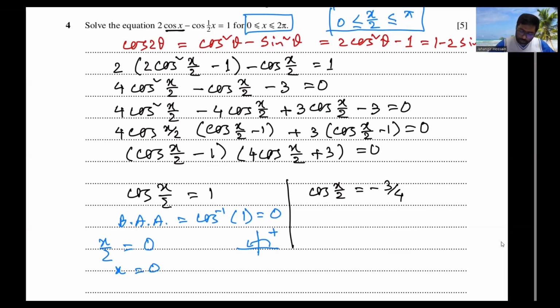And here, the second set, we have cos x by 2 equal to minus 3 by 4. So it's negative, and it lies in the second quadrant. To find the angle in the second quadrant, first find the basic acute angle, cos inverse 3 by 4. Remember, we find it in radians, so use the radian mode of your calculator.